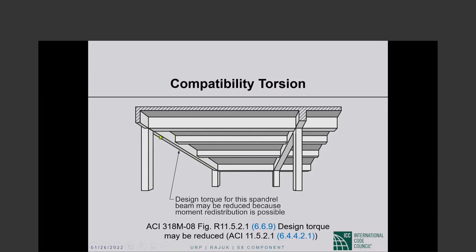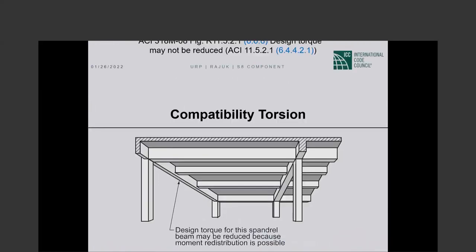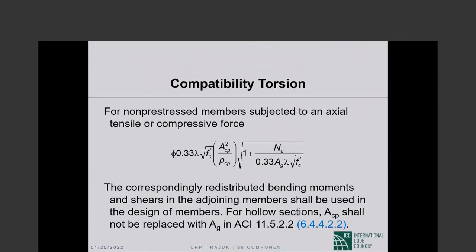However, if we do not design this beam for all the torsion that the beam is subject to, whatever torsion we do not design for will become additional bending moment in those beams and slabs. It will become additional bending moment in the slab system. There will be redistribution of the torsion that we decide not to design for. This is compatibility torsion, much more common than equilibrium torsion.